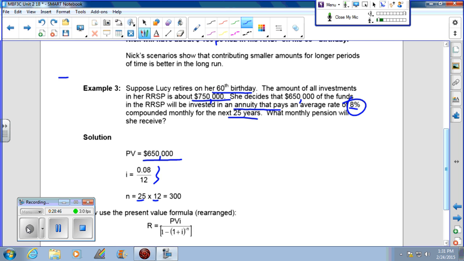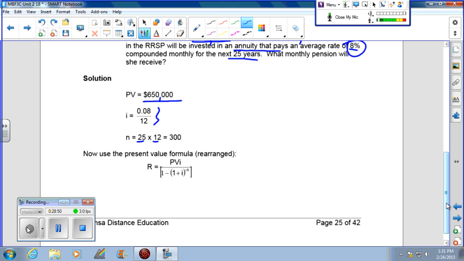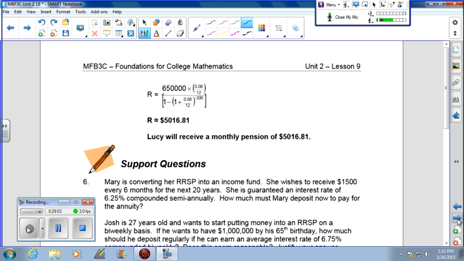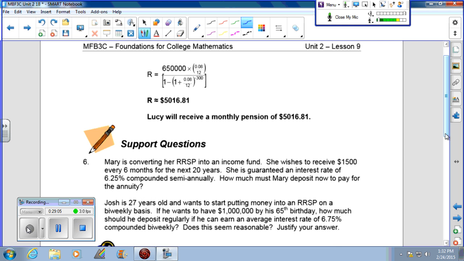You've seen me, I do that calculation the other way around. I do the number per year times the number of years, but it works out to be the same thing. So this is the version of the formula we're going to use. Remember, we want to find out how much she's going to get on a regular basis, right? So we put all those in the formula, and there you go. So every month, Lucy's going to receive a check for $5,016.81.